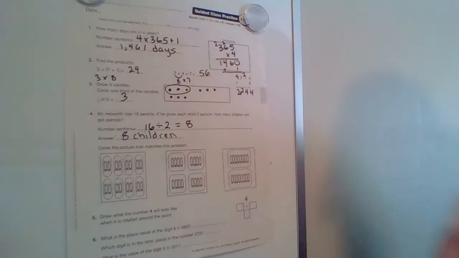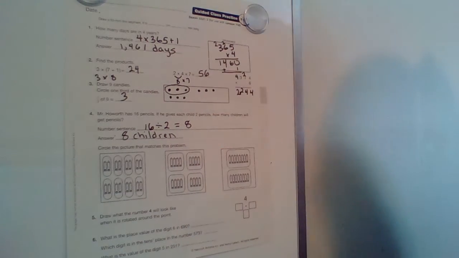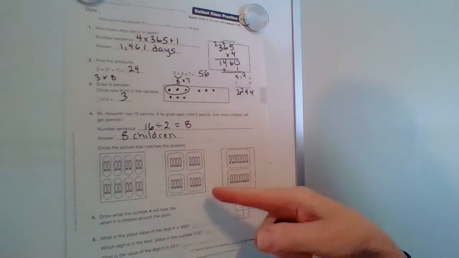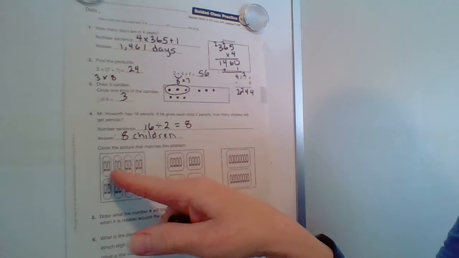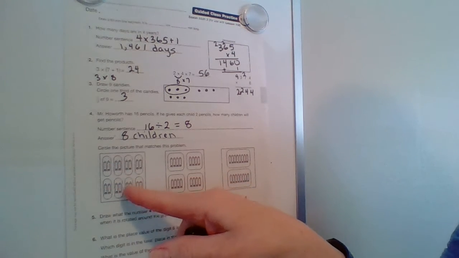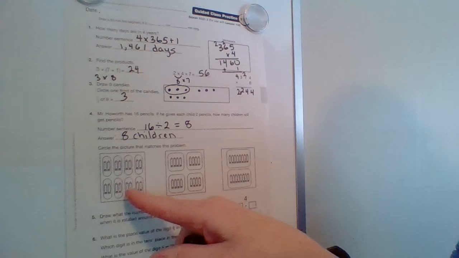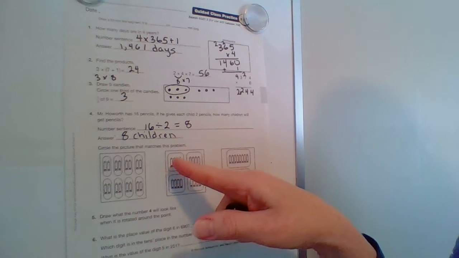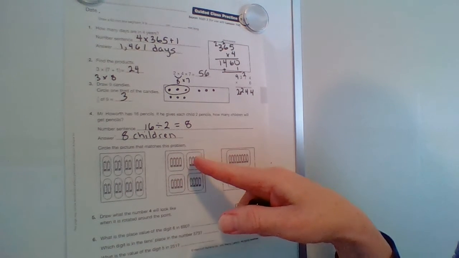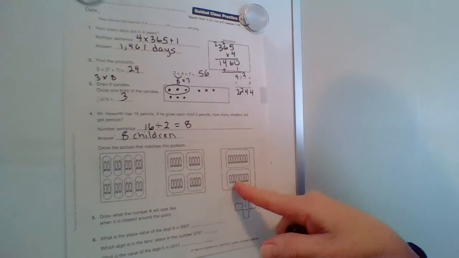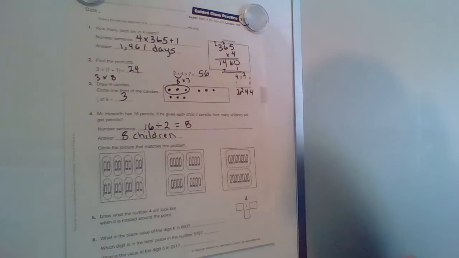It says circle the picture that matches what we just did. If we look at our pictures here, we have 2, 4, 6, 8, 10, 12, 14, 16 pencils here. There's 16 here and 16 here. They all have 16, but which one matches what we just did?